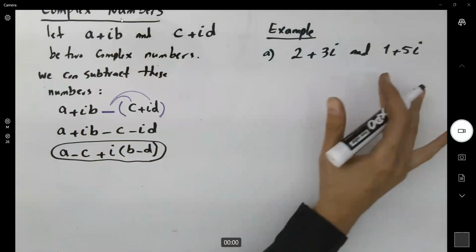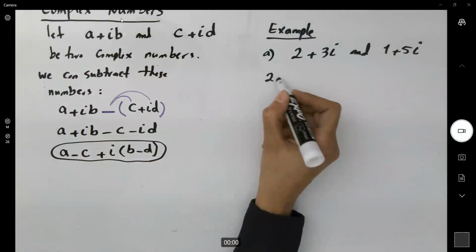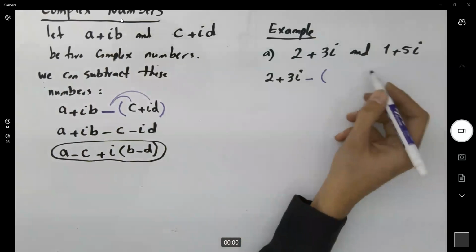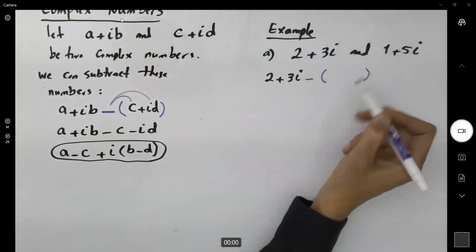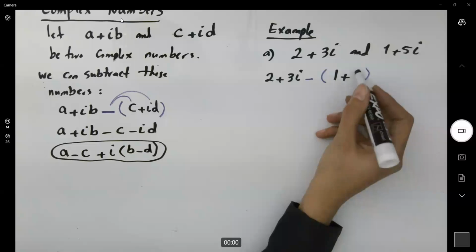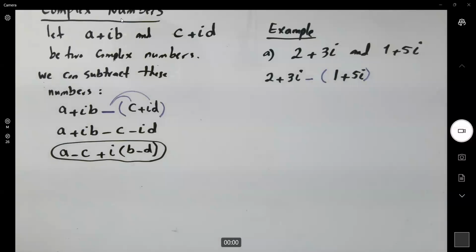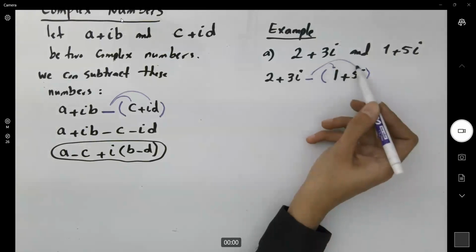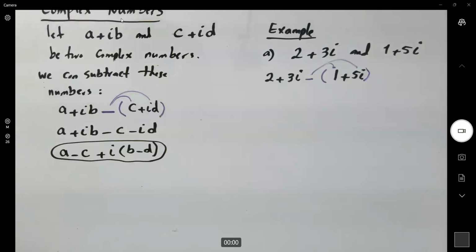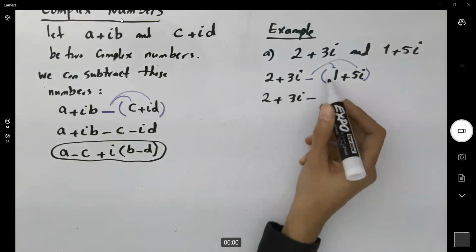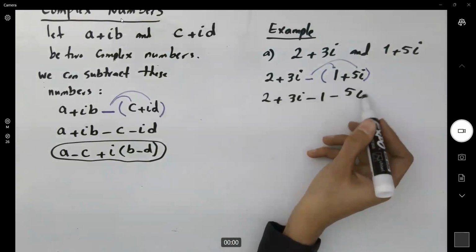Okay, what about these two? I have 2 plus 3i minus, guys, subtraction. Quickly write your second complex number into the parentheses. Here you have 1 plus 5i. Now your job is to distribute this negative sign into parentheses, am I right? Well, we get 2 plus 3i minus 1 minus 5i.